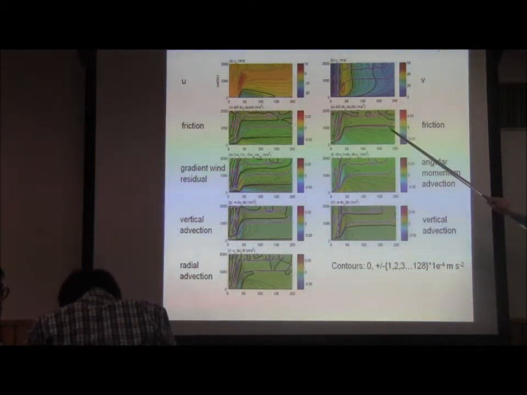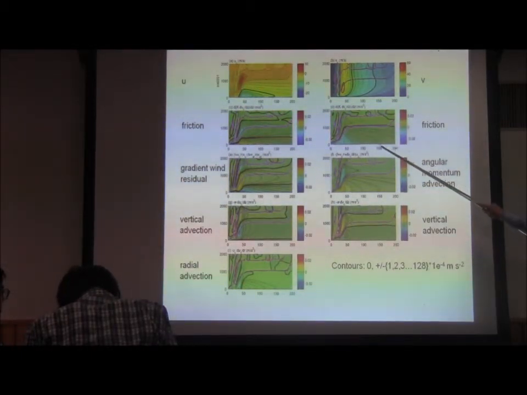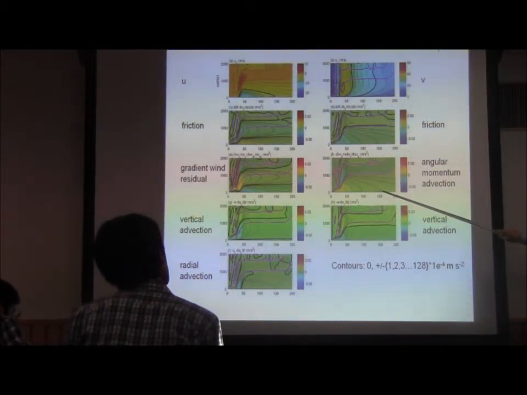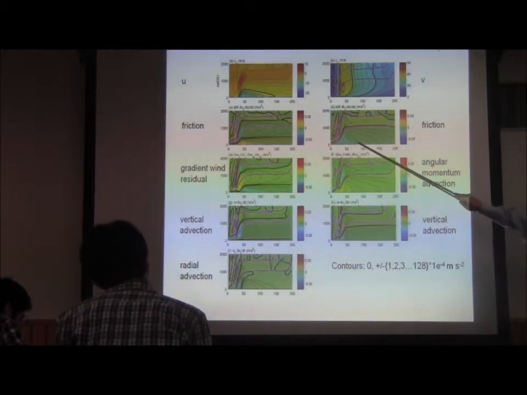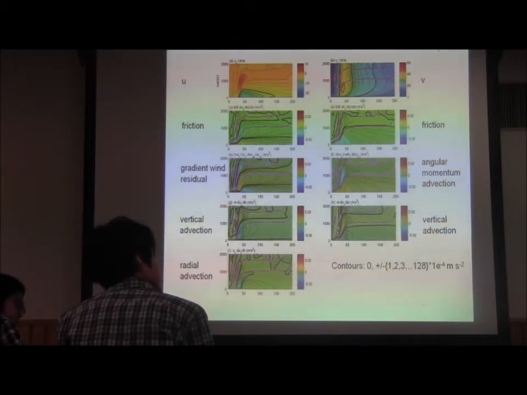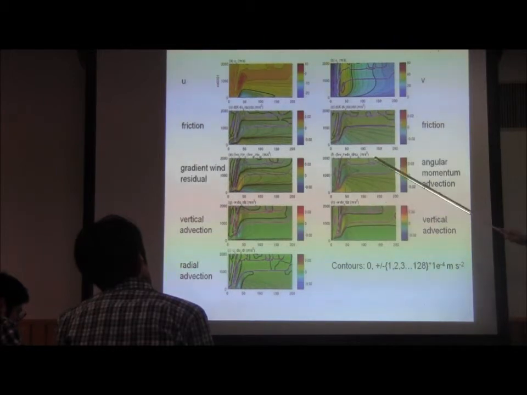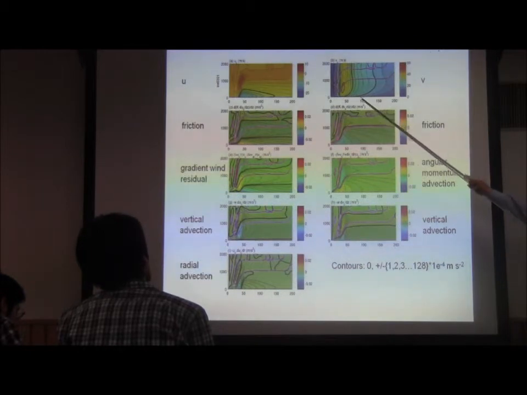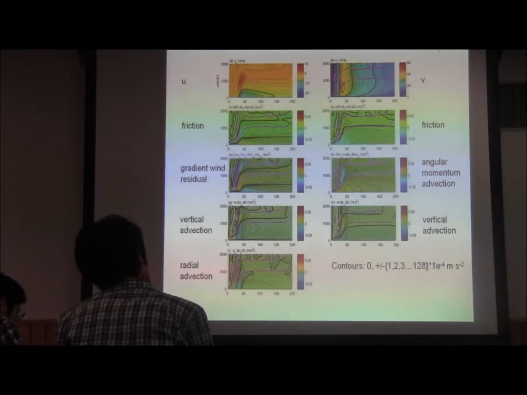If you count the contour intervals, this is the third contour, at about 150 kilometres, and again the third contour on the opposite side of 100 kilometres. So they don't exactly balance, but they are very close to being balanced. If you took air at 100 kilometres, which in this case is sitting at about 20 metres a second, and brought that air right in there, you could be seeing very, very strong supergradient flow, much more marked.